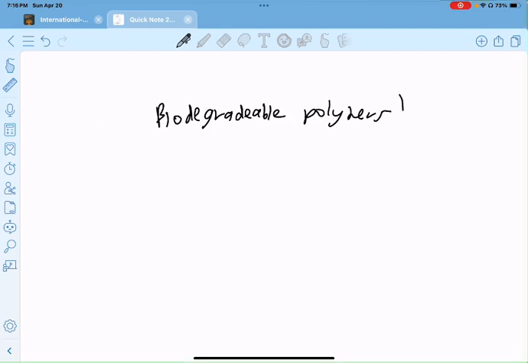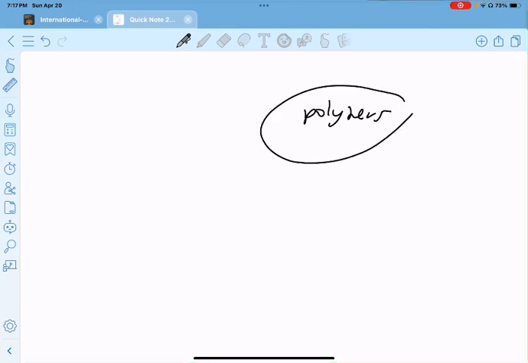Biodegradable means that the polymer will naturally break down in the environment at a quick pace, okay? And what if these polymers are not biodegradable? They're just polymers, okay? Now, if they're just polymers, they have to be recycled to prevent harm to the environment, okay? Because regular polymers like plastics will just stay in the environment and keep building up and taking up landfills, and they take many years to break down, way too many years, okay?